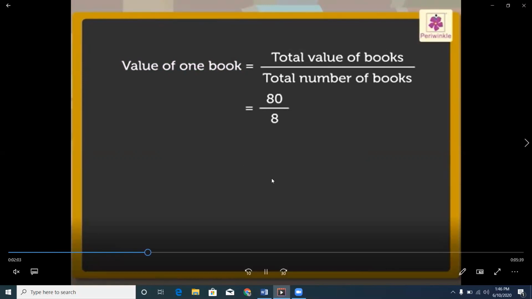Now she's going to divide 80 by 8. And the closest multiple in the table of 8 to 80 is 80 itself, and it comes 10 times. 8 tens are 80. The answer is 10 and the remainder is 0. So the cost of one book is rupees 10.